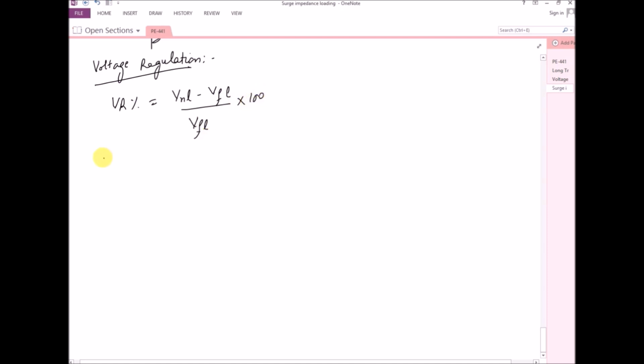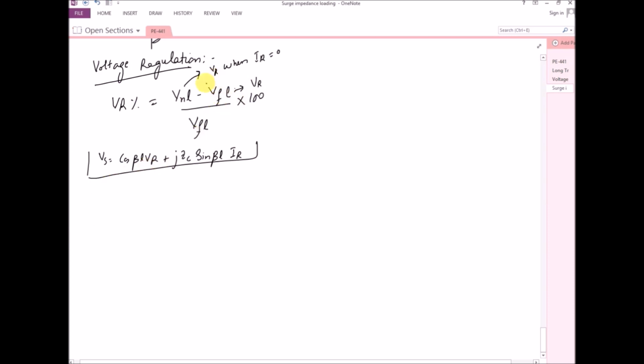So now we know the formula for the sending end voltage Vs. It is equal to cos βL VR plus jZC sin βL IR, and V no load is actually the receiving end voltage when IR is equal to 0, and V full load is actually the VR value that we already calculated.